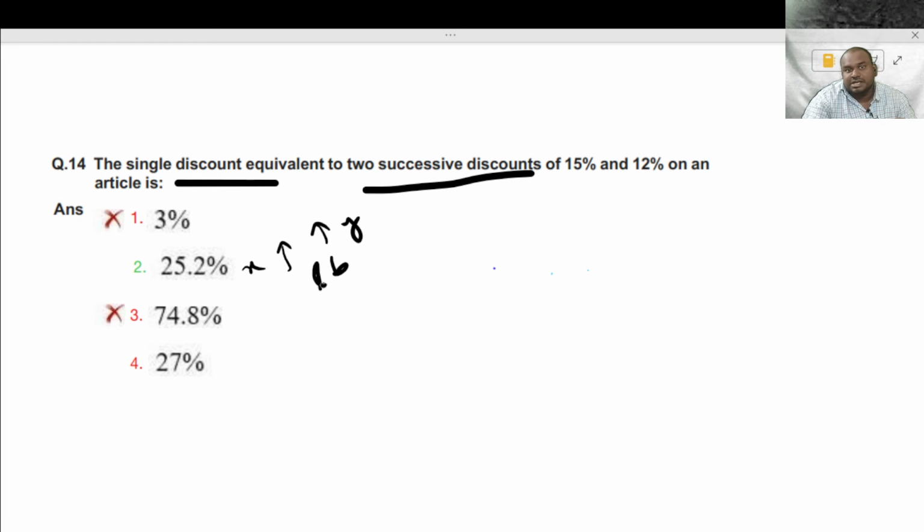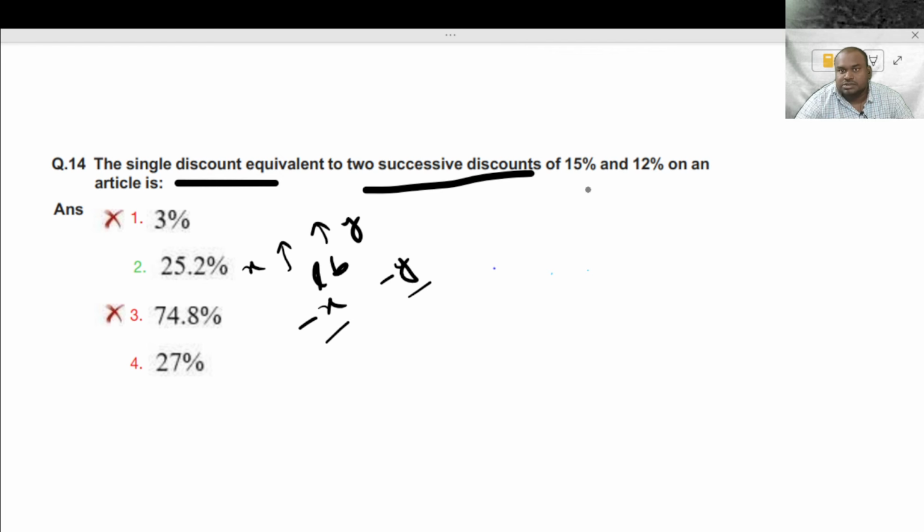But here, L is increased by minus X% because it is discount, and B is increased by minus Y. So two successive discounts is nothing but same, minus X and minus Y. You just put minus in front of X and Y, then stop. Use the same formula, you get the correct answer.